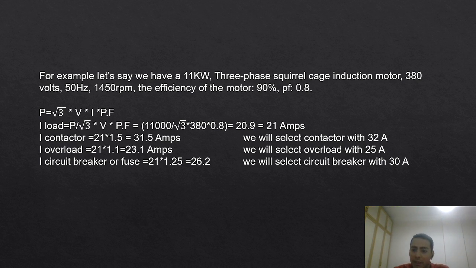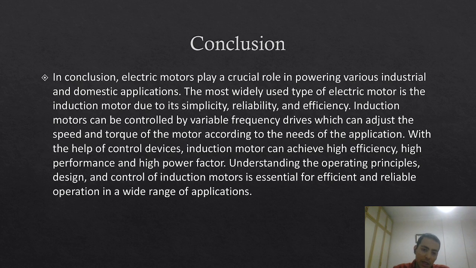We will select our components depending on these values, which are 32 in case of contactor, 25 in case of overload, 30 in case of circuit breaker, and connect our circuit as shown previously.